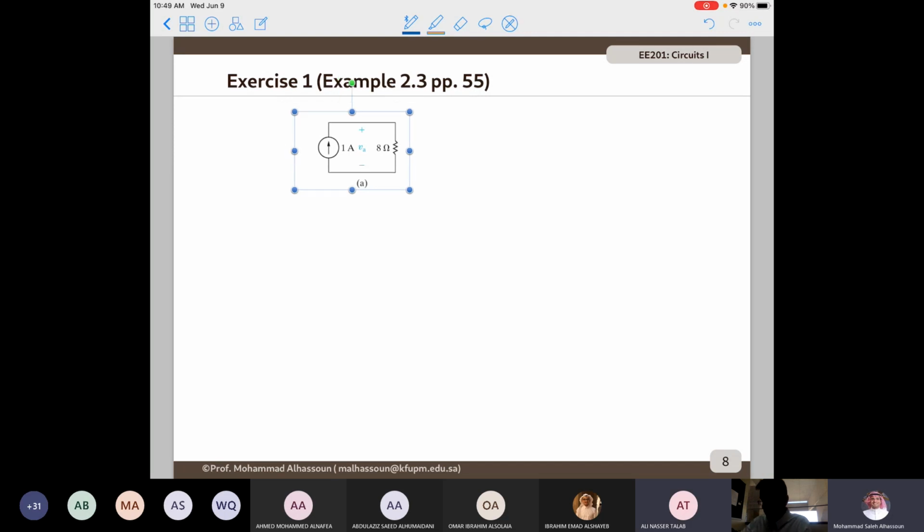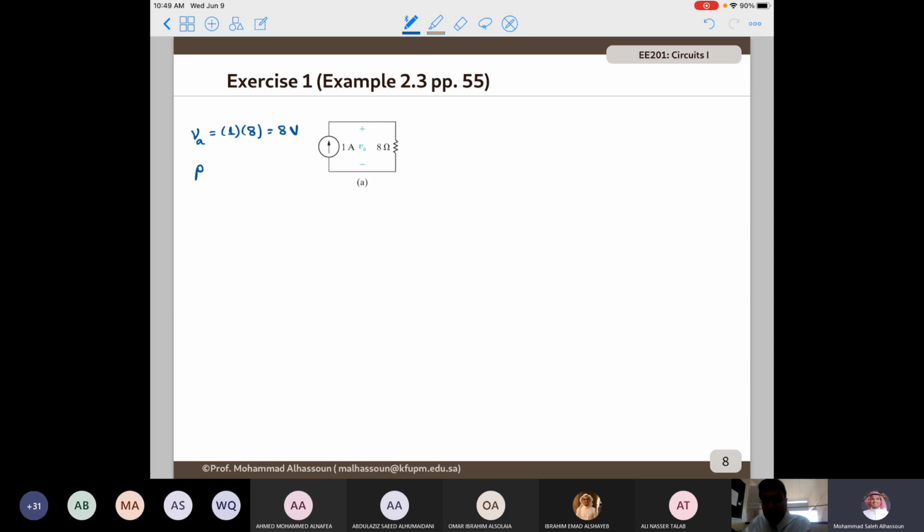Okay, very good. So the voltage for A is equal to 1 multiplied by 8, and this is going to be 8 volts.